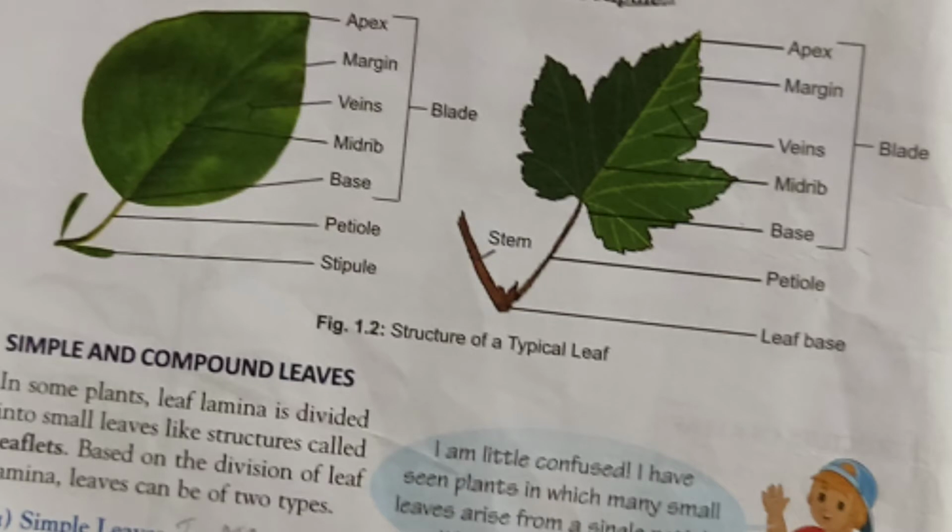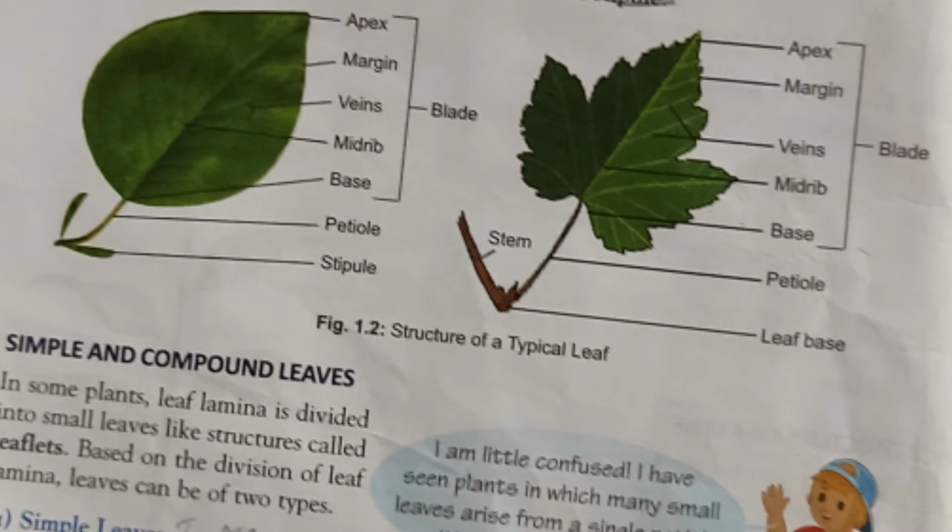Number 2. Leaf blade. It is the thin flat green structure of the leaf expanded horizontally. It is also termed as leaf lamina. The boundary area extending along the edge of the leaf is called leaf margin.